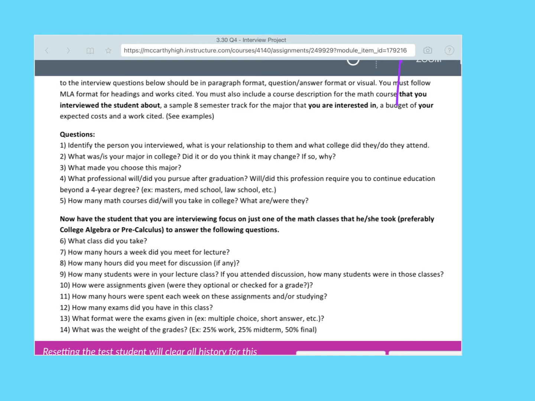So here's an interesting story. If you interview the same person as a friend, that's totally cool. But make sure your responses are your responses. So for example, don't do this. A couple years ago, I got one that said, I interviewed my brother Jacob, and then all the answers to the questions. And then immediately after that, from a friend, I interviewed my brother Jacob. Exact same answers to all the questions.